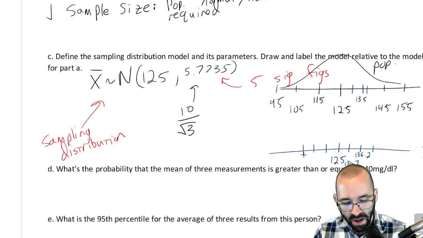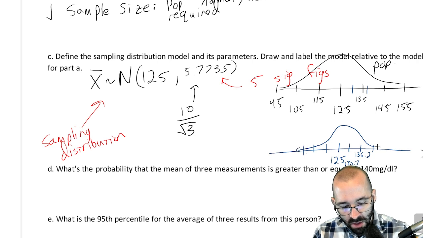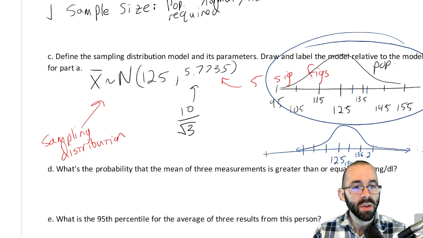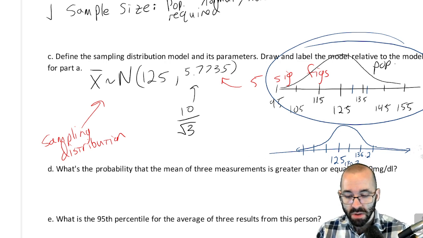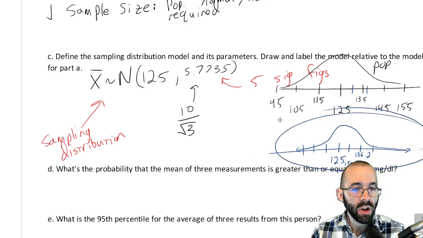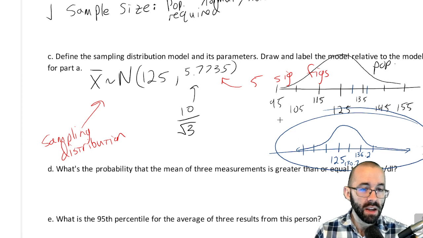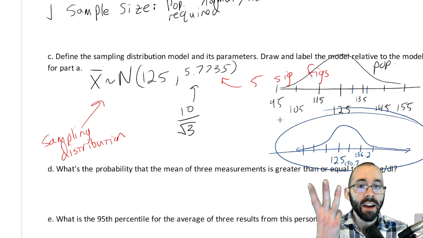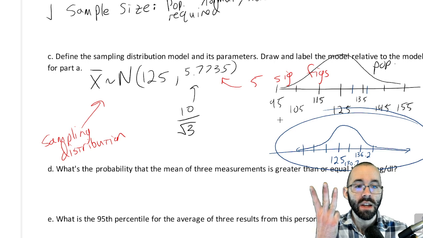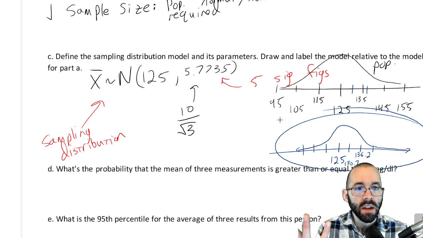You could go in the other way. So it's still a normal curve. But notice what's happening. This population is much more spread out than if we only look at the average of 3. If we look at an average of a sample of 3, we're going to get less variability.